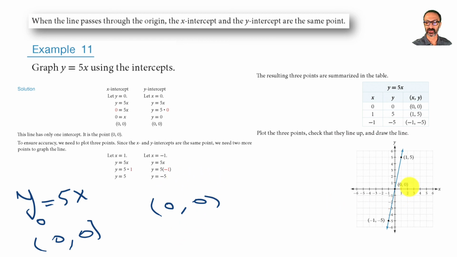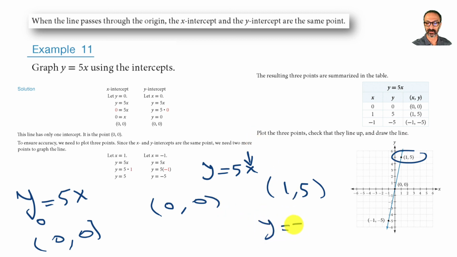If you don't want to use the slope and y-intercept, you could just take it from y equals 5x and plot points. Plug in 1: 5 times 1 is 5, and that's right there. Plug in negative 1: 5 times negative 1 is negative 5, and it's right there.